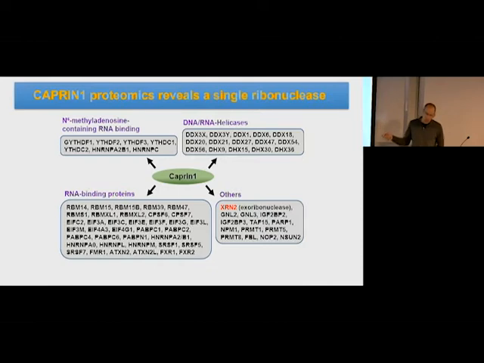This is actually quite a novel direction that we're currently checking, but I don't have data to show you. This is the M6A pathway and a lot of RNA binding proteins. But among the others, we found one exoribonuclease called XRN2. So at first we were happy, but then we were sad because XRN2 is actually a nuclear ribonuclease, and copperin-1, I showed you, is operating in the cytoplasm.